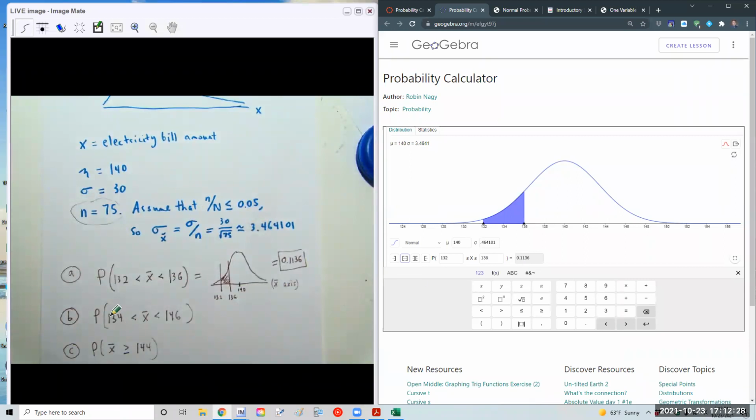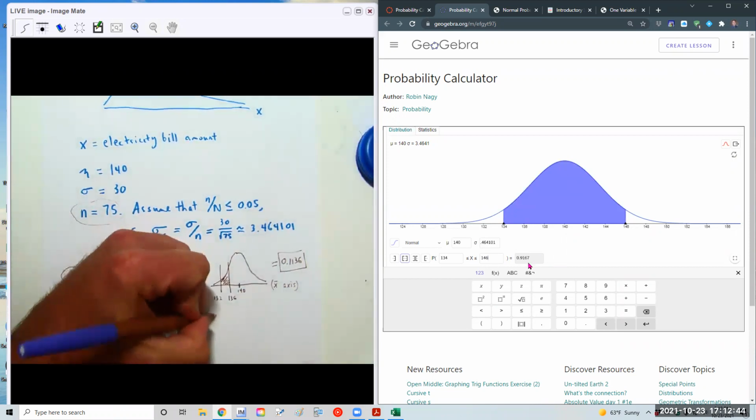And to do part B, all I need to do is change the endpoints here to 134 and 146. And then the probability will change to about 91%.